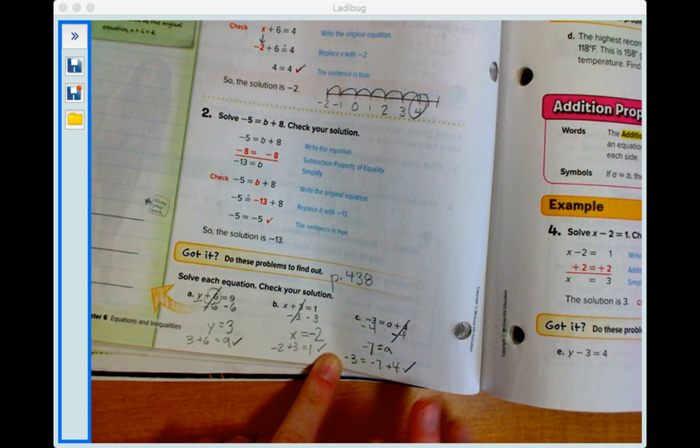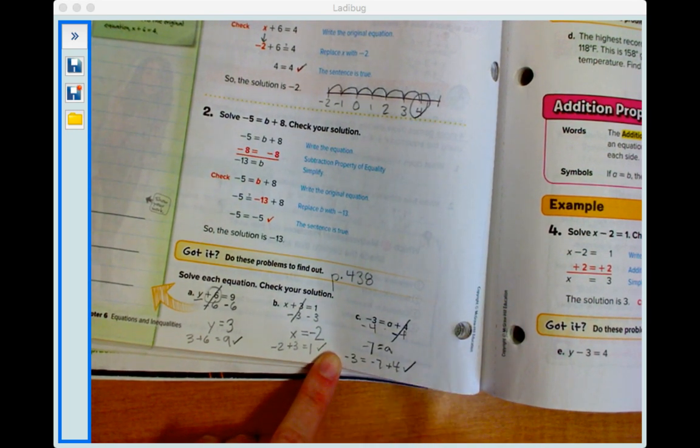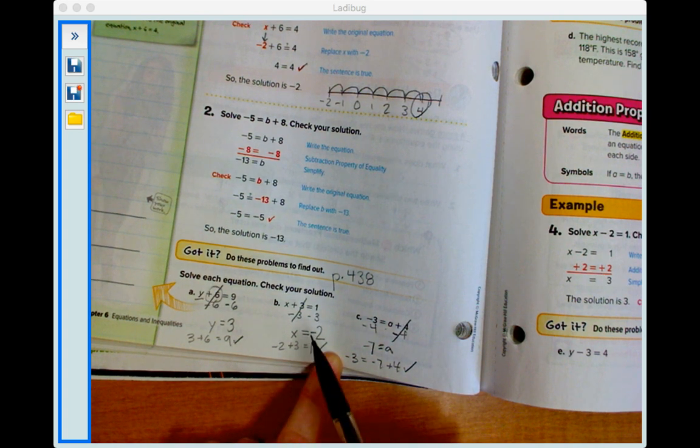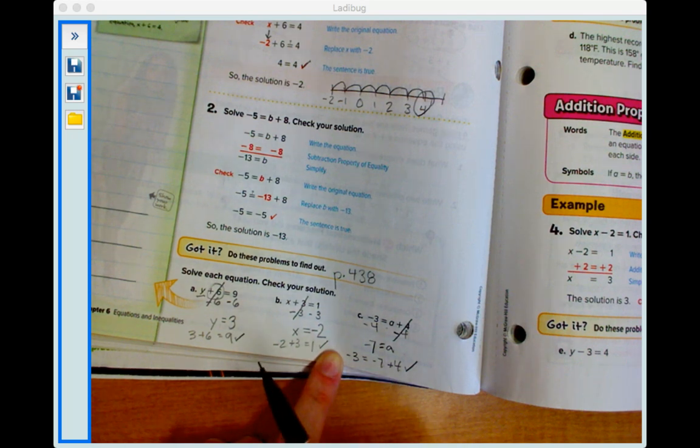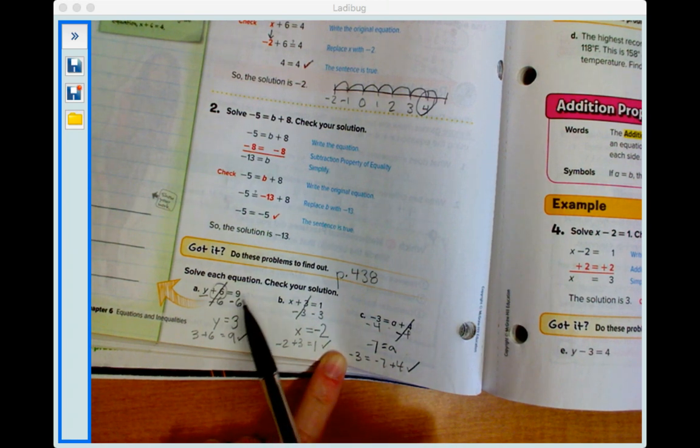Good. If you need to, you can use a number line to double check to make sure that you are adding or subtracting correctly. Only if you need to. If you can do this math in your head, it's okay, but you do need to show your work.